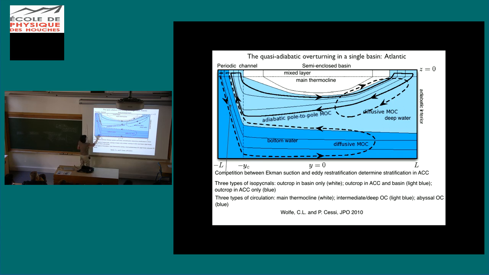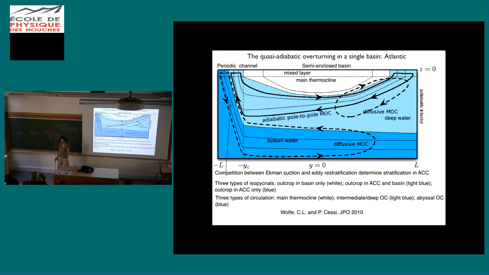So here you have this periodic portion of the Southern Ocean that we just determined the stratification of, which is a competition between the overturning on the wind and the eddies that tend to re-stratify. And they come to some agreement which makes these isopycnals very steep.